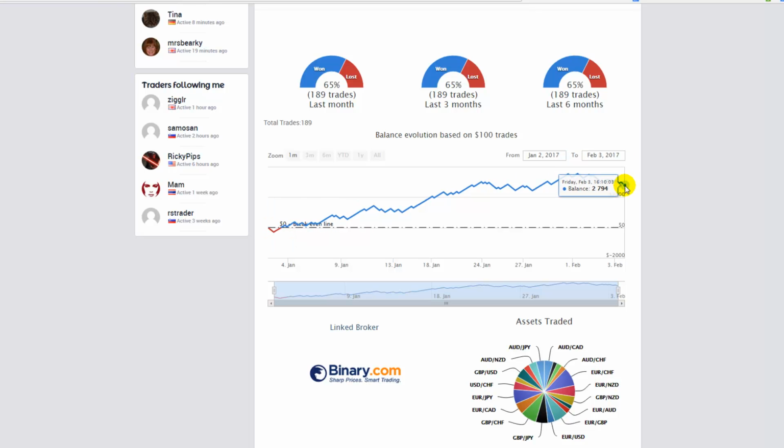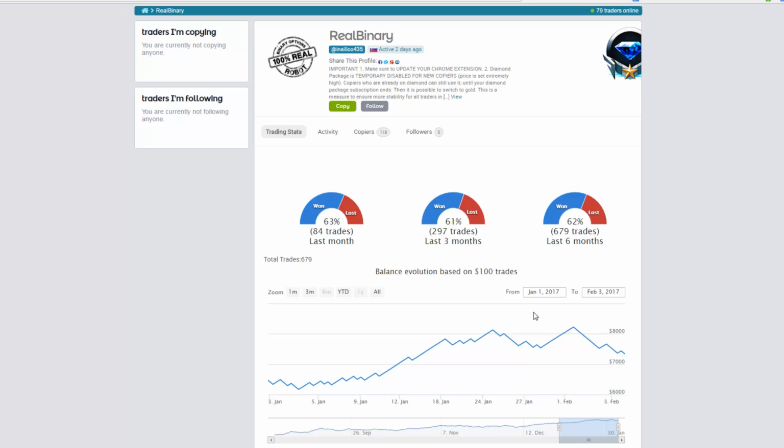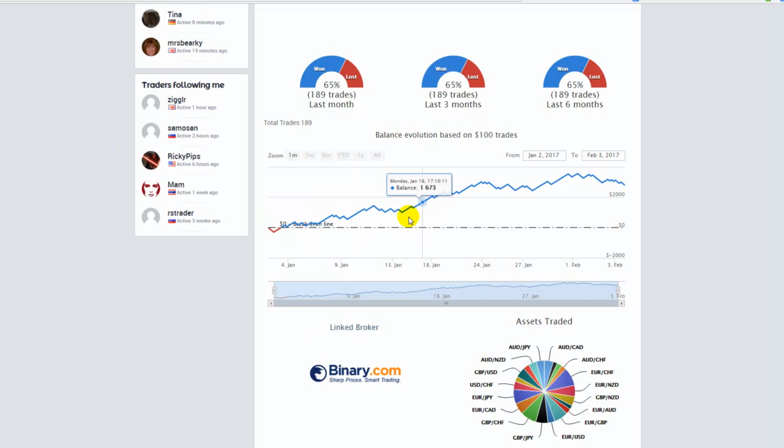Till today, looking at the linear curve, again investing $100 into each trade, the return is $2,790. So this is 3 times stronger than the algorithm we're running now, at least looking at the last month performance.